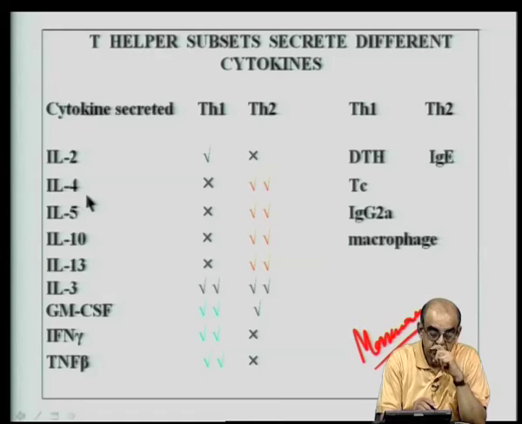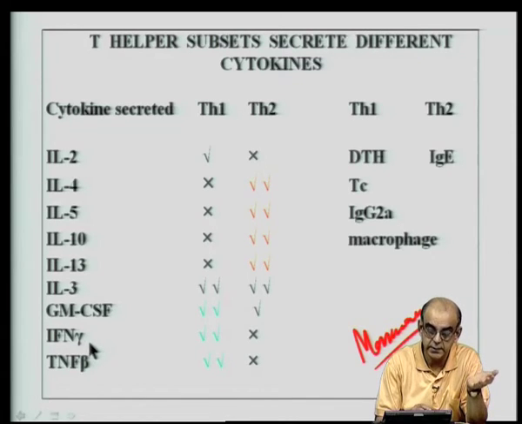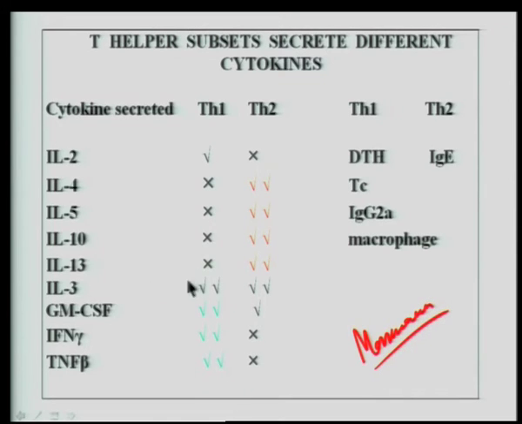Now, as we went into the functions of all of these lymphokines, you will find that all of these would help B cells, whereas gamma interferon would block the switching to IgE. Therefore, when there is an abundance of these cytokines, or T helper 1 predominance, it would not allow the B cells to switch to IgE responses.